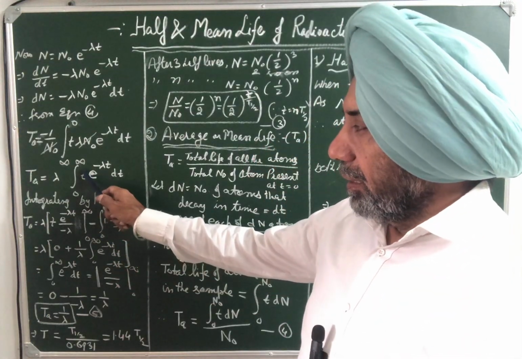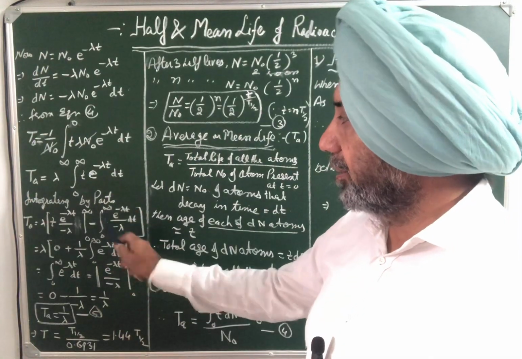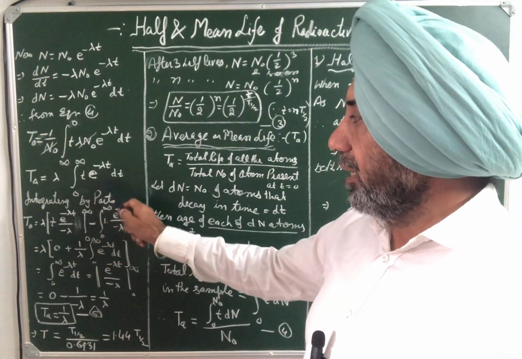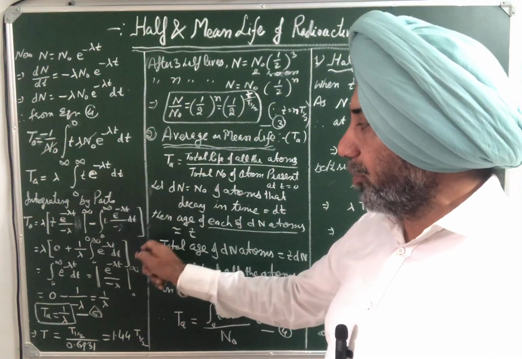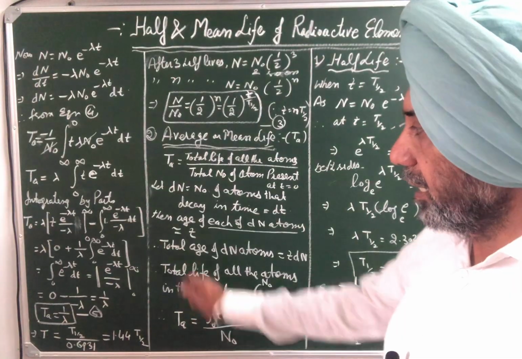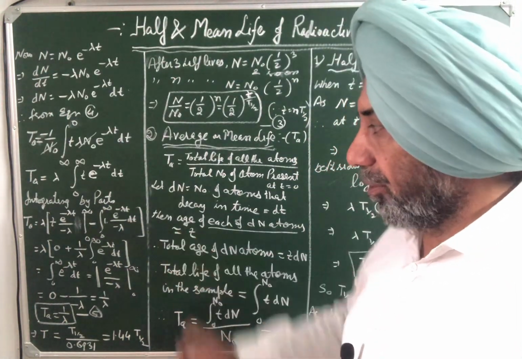Now d by dt of t, which is 1, and the integral of e raised to minus lambda t dt, that will be e raised to minus lambda t upon minus lambda again, dt. So we have to integrate 0 to infinity this whole function now.